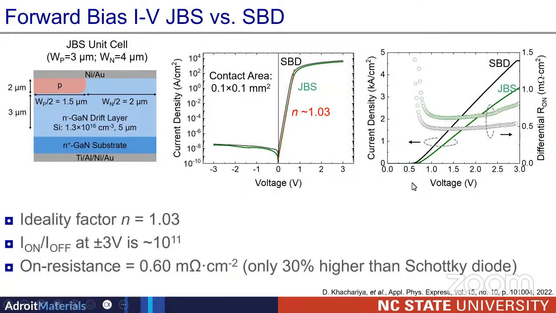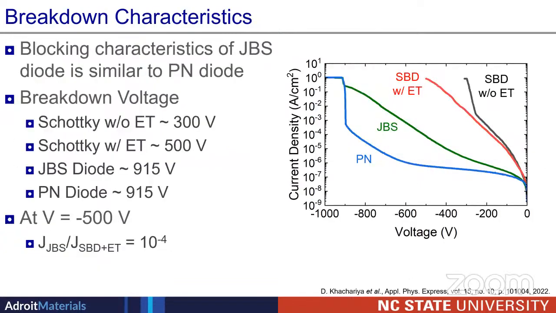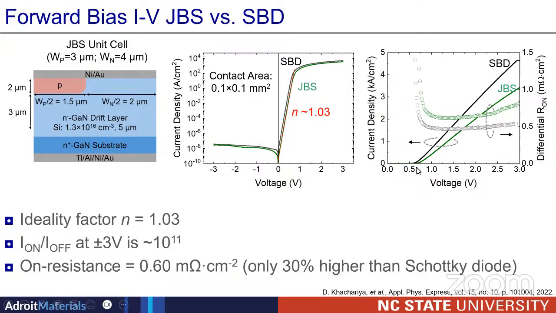So you definitely want to use a Schottky diode, but you also want a junction barrier Schottky diode so that you can get similar breakdown as the PN diode. It is the best of both worlds: in terms of breakdown it's similar to the PN diode, and in terms of on resistance or turn on voltage it's similar to the Schottky.